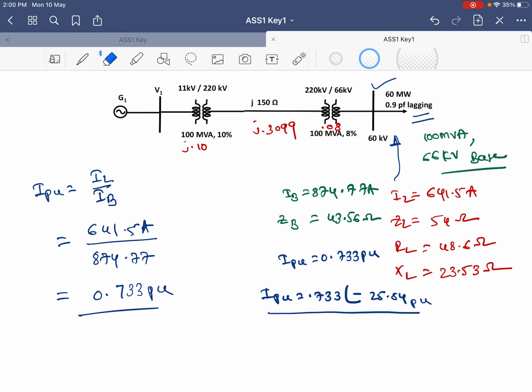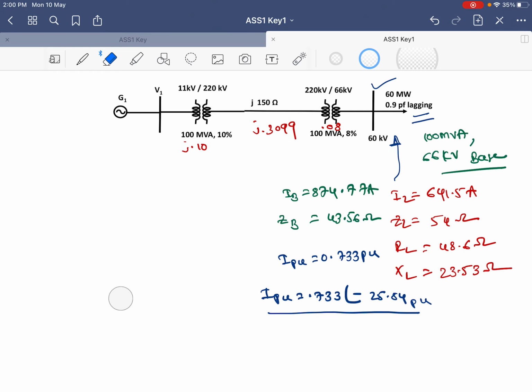Actually the per unit value of load resistance and reactance is not necessary, but we are taking it here for the first time. That is, R per unit is equal to RL divided by ZB.